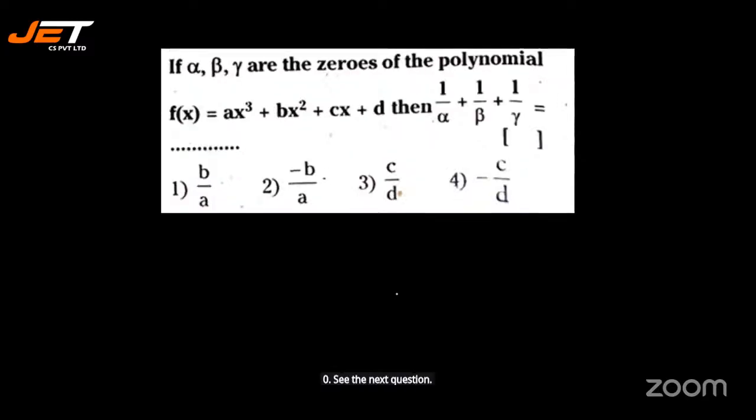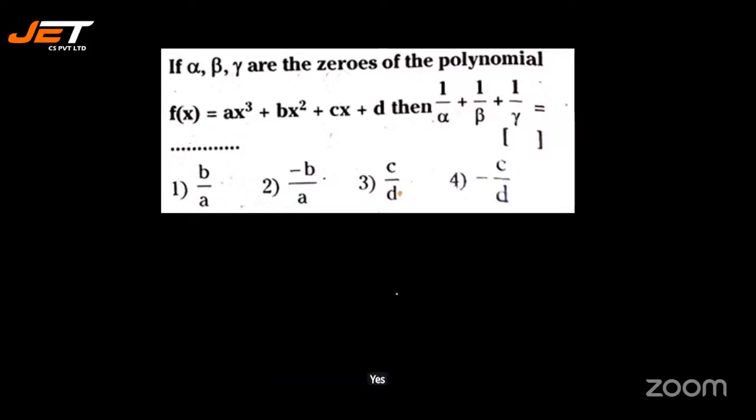If alpha, beta, gamma are the zeros of the polynomial f of x equal to ax cube plus bx square plus cx plus d, then 1 by alpha plus 1 by beta plus 1 by gamma is equal to dash. Is it b by a, minus b by a, c by d, or minus c by d?